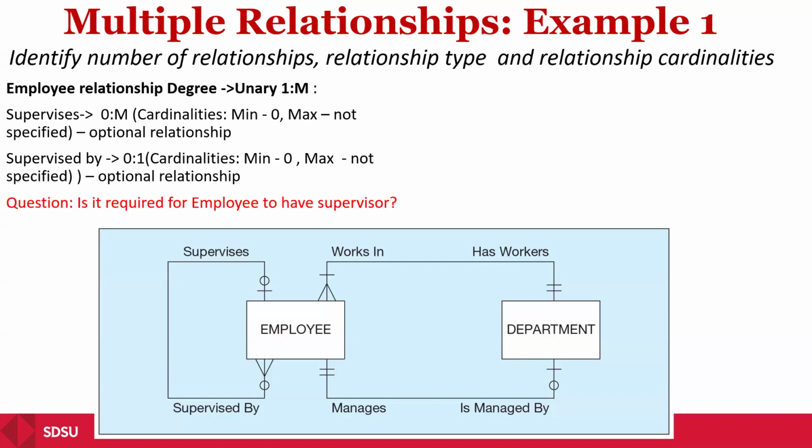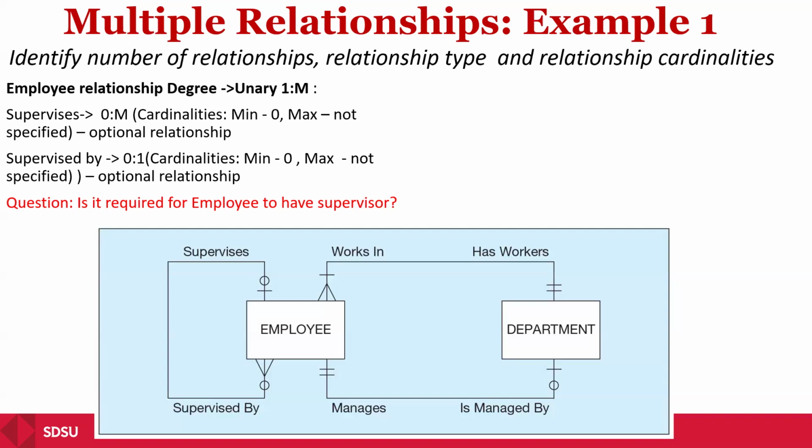And the relationship is optional because minimum cardinality is 0. Another relationship we see here is supervised by. With supervised by, we have minimum cardinality also 0, so the relationship is optional, and maximum is not specified. So an employee doesn't have to be supervised by another employee. So that's for the supervises and supervised by relationships.